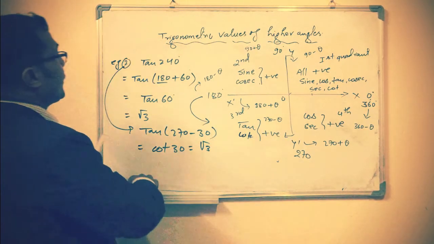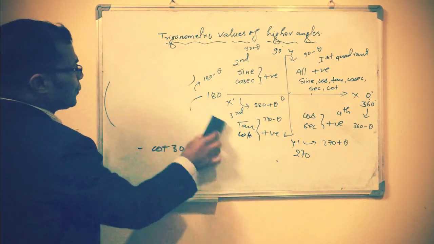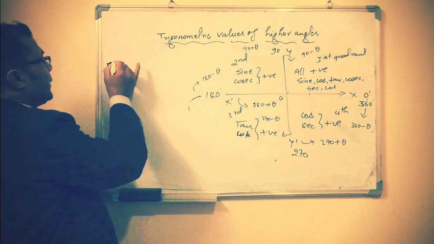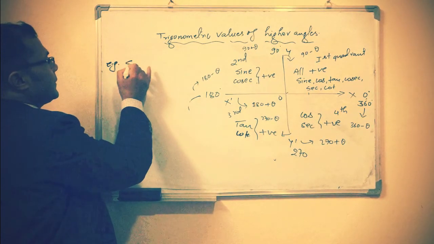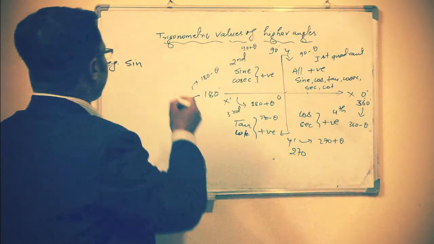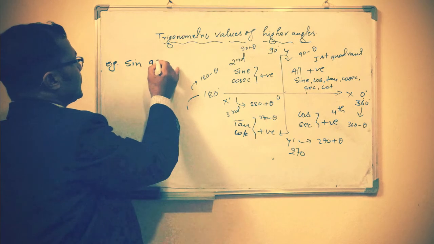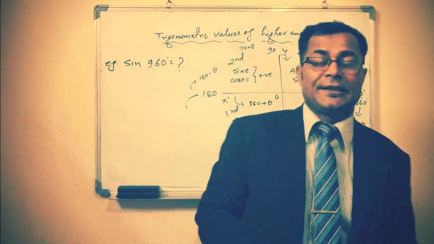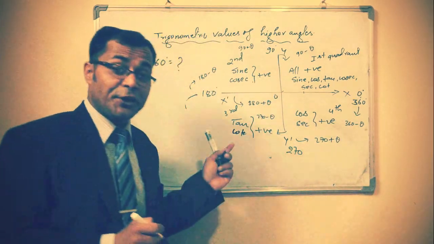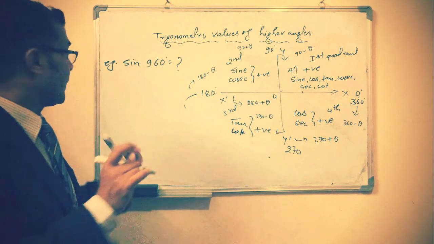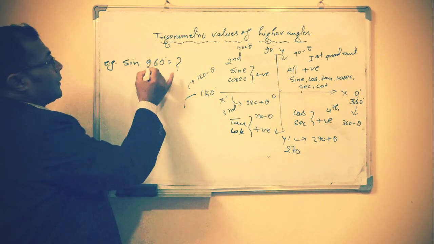Okay? Well, now I'll show you how to find the values of bigger angles. Let's say sine 960 degrees. What will be the value of sine 960 degrees? In this particular question, you have to use that rule, multiples of 90. It's very simple.